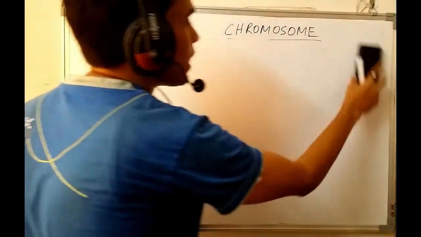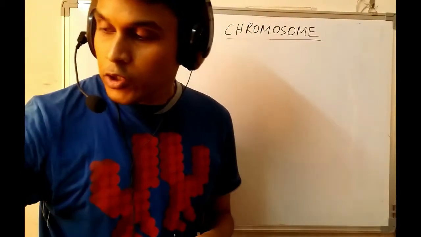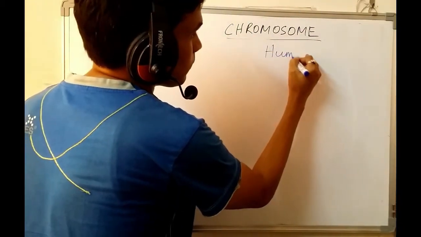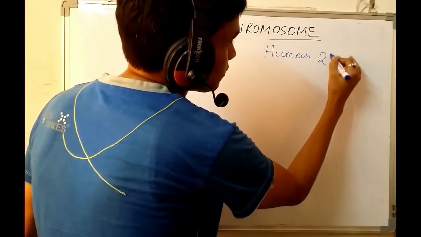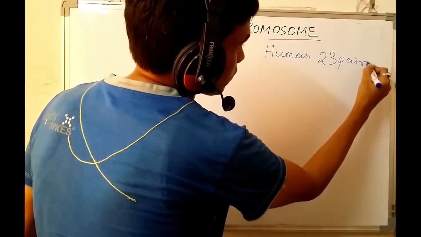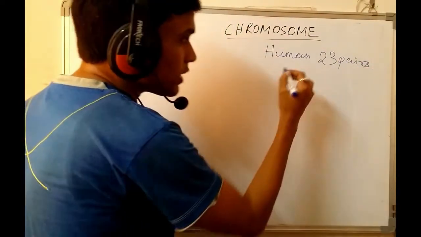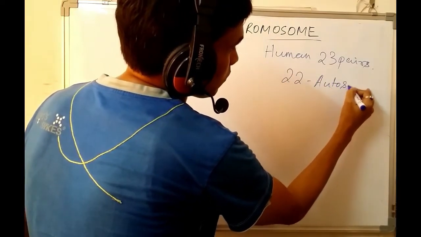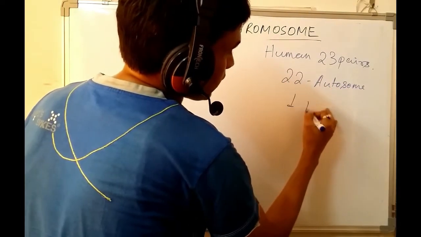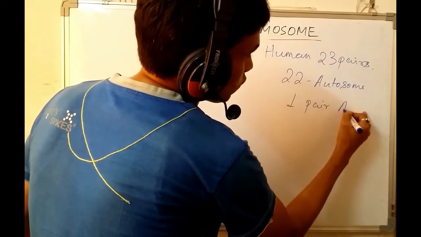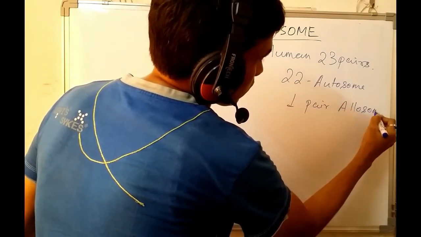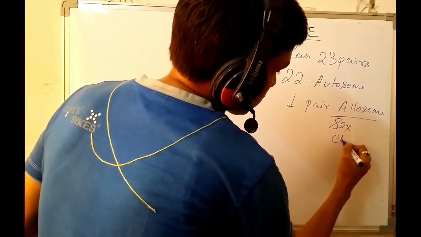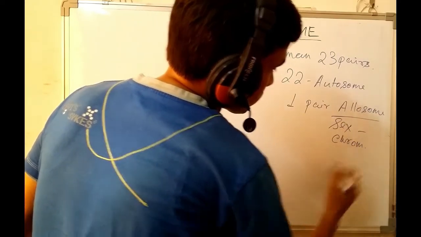Humans contain 23 pairs of chromosomes. Among them, 22 pairs are called autosomes and 1 pair is called the allosome. The allosome is also called the sex chromosome.